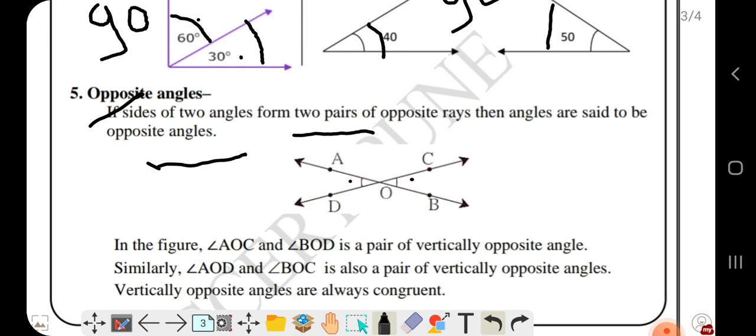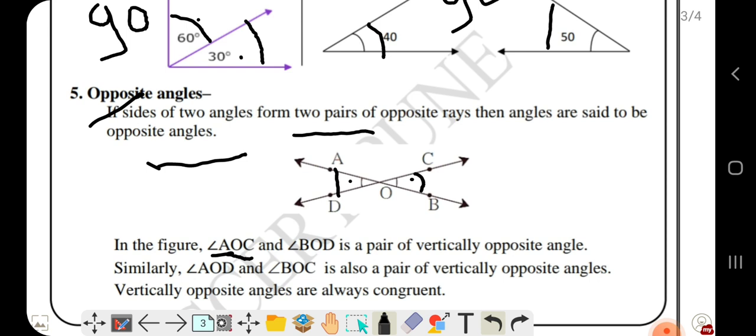In the figure, AOC and BOD is a pair of vertically opposite angles. Definitely yes, these two angles are vertically opposite angles. Now similarly AOD and BOC is also a pair of vertically opposite angles.